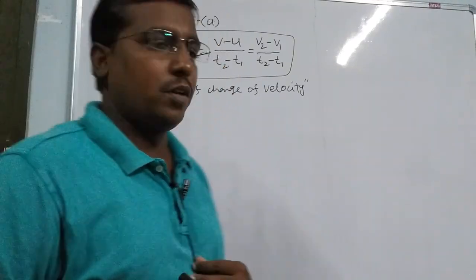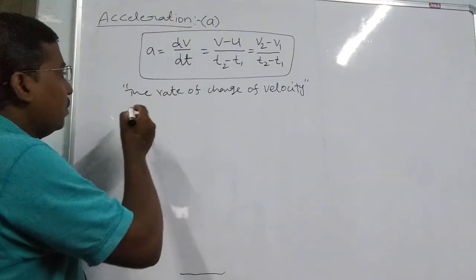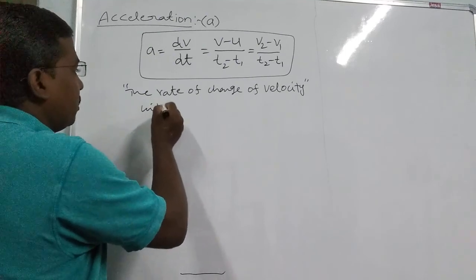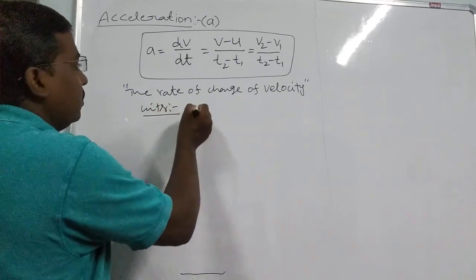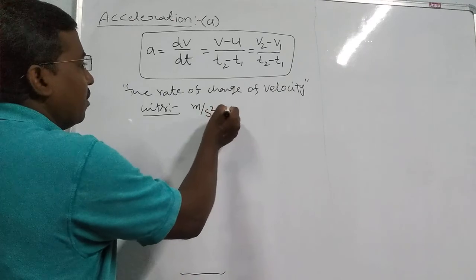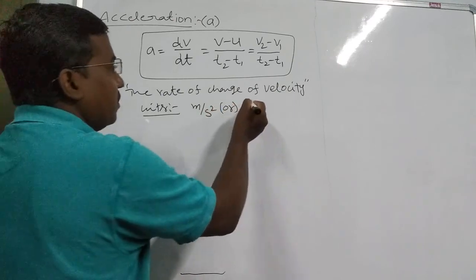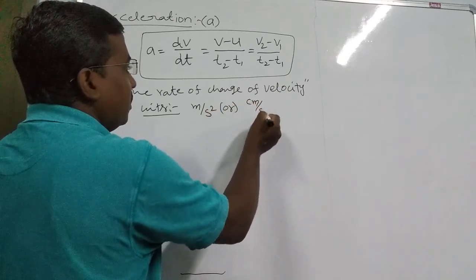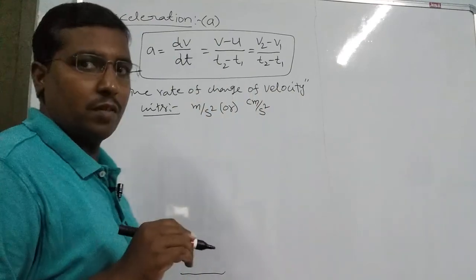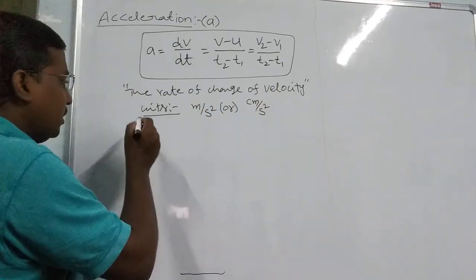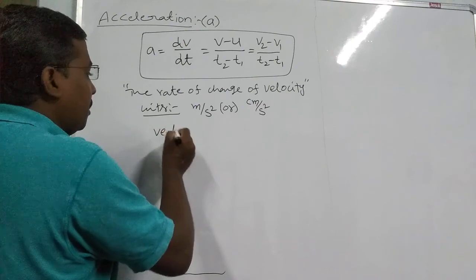Next, what are the units of acceleration? The unit of acceleration is meter per second square, or in the CGS system centimeter per second square. It is also a vector quantity.